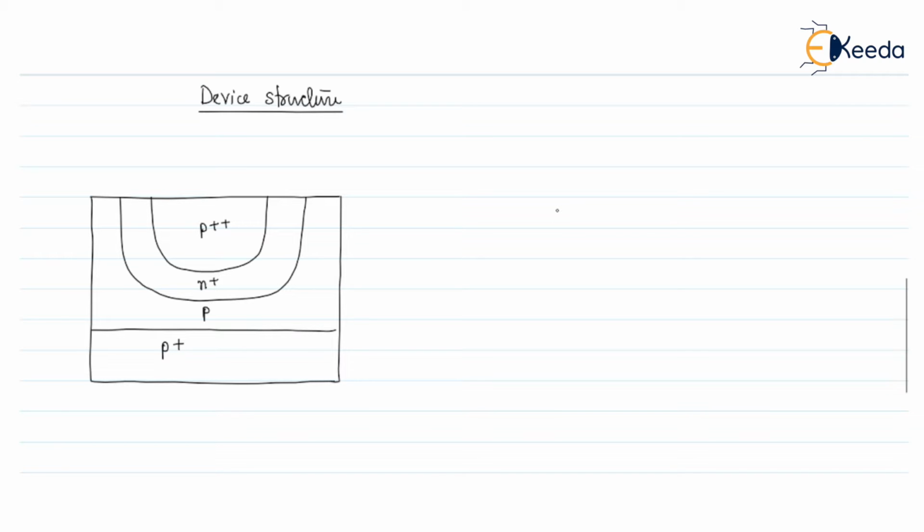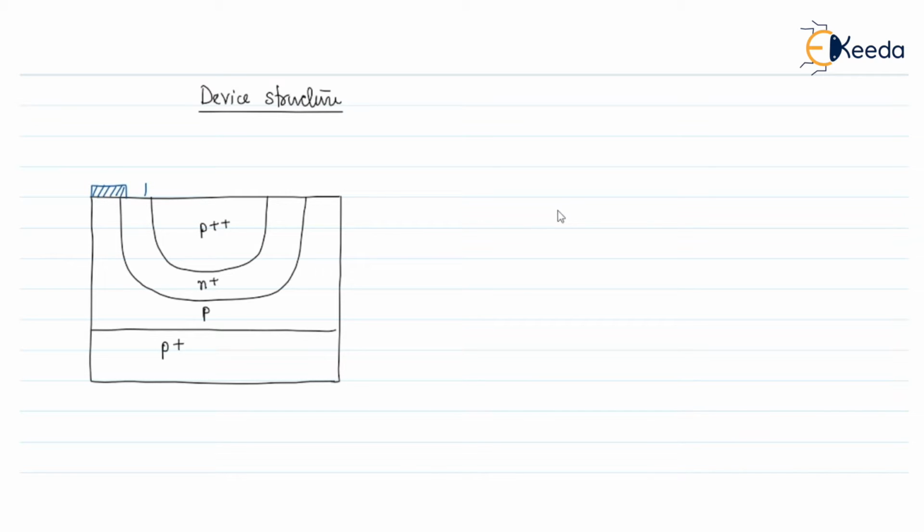Now if we give an oxide layer at this terminal, so this is a silicon dioxide layer.